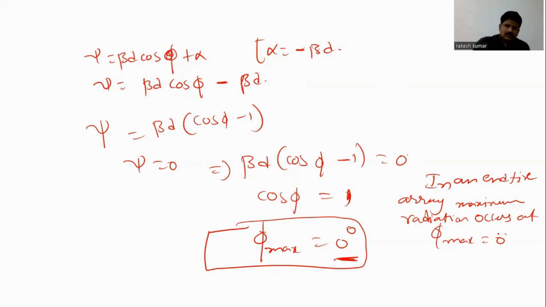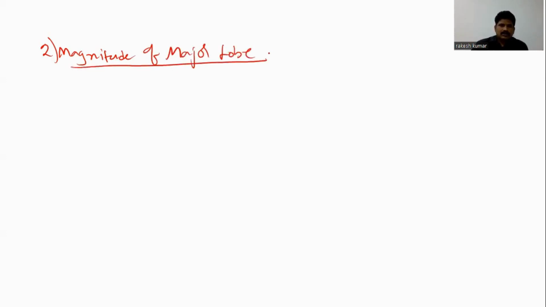Now let us go to the second property of the array, that is the magnitude of the major lobe. So what is the condition for the magnitude of the major lobe?